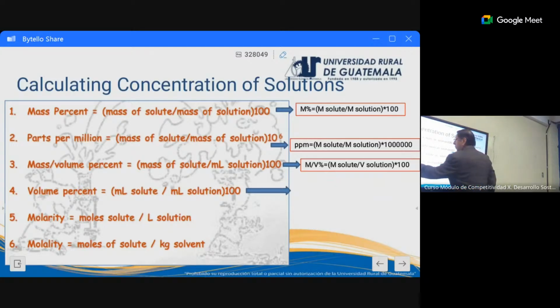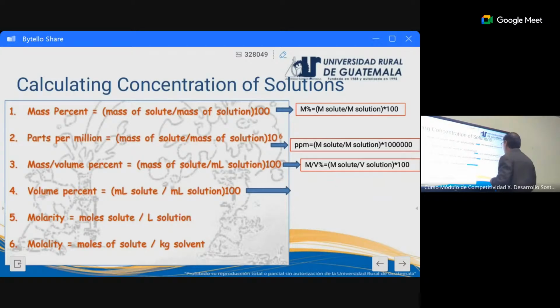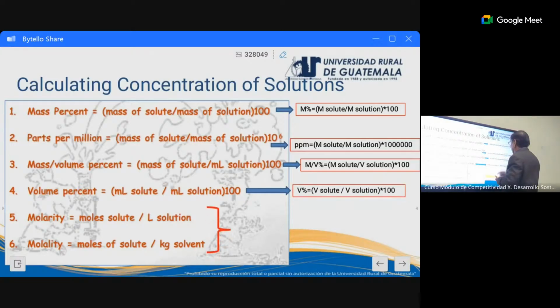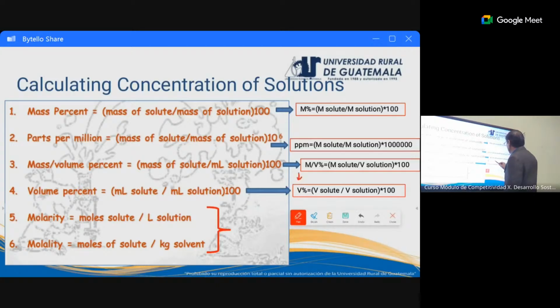That will be equal to milliliters of solute divided by milliliters of solution and multiply by 100. We're going to use this formula using these letters here. V percentage equal to V volume solute divided by volume of solution and multiplied by 100.